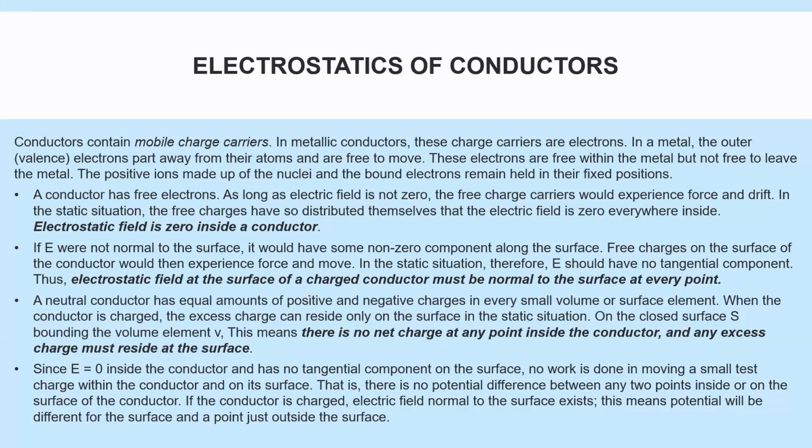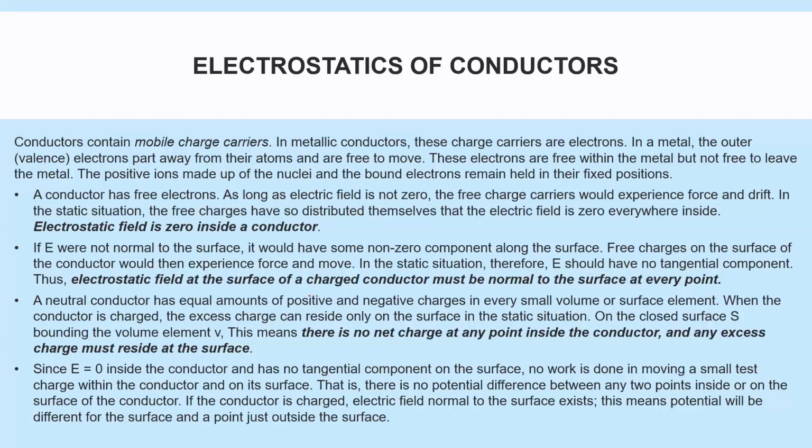Now there are a few important properties when we are considering conductors, with respect to electric field, electric potential, or the charge density or charge configuration associated with the conductors. First, as we know, a conductor will have free electrons. As long as the electric field is not zero, the free charge carriers would experience force and drift.